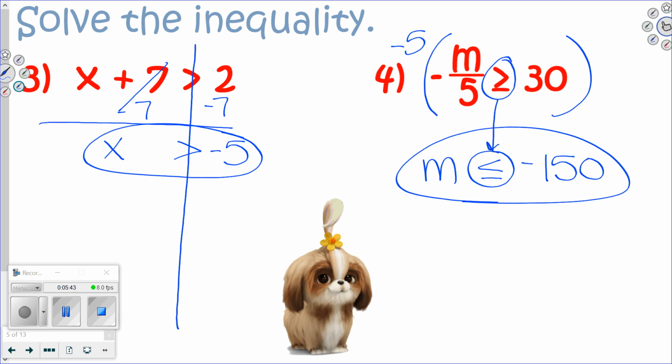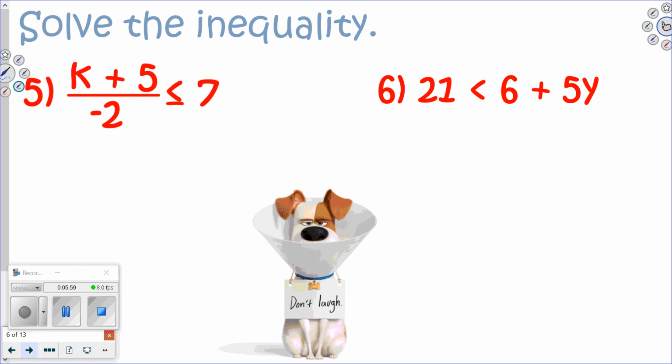Good. So in this case, any of your answers is any number less than or equal to -150. Does 0 work? No, just making sure we know our difference between positives and negatives. Yeah, it does get a very small number. All right, k plus 5 divided by -2 is less than or equal to 7.